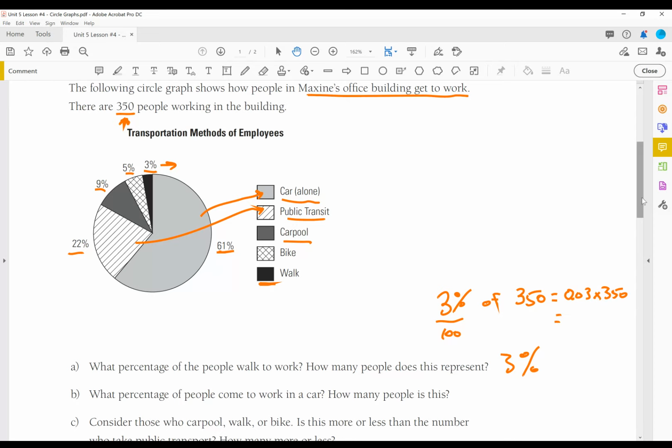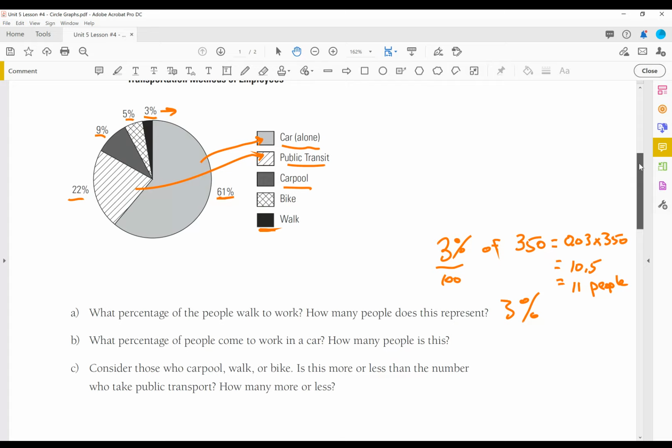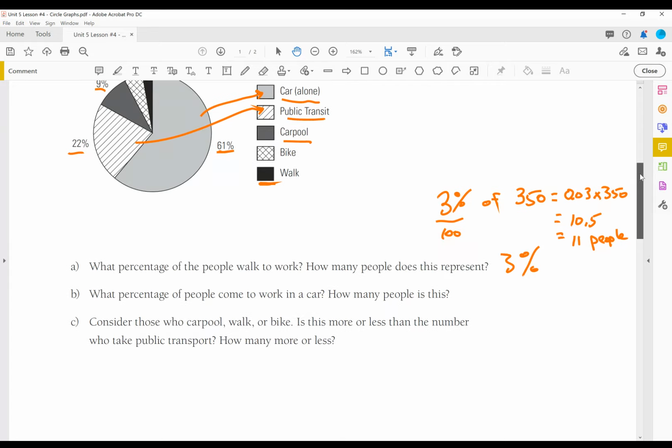So 0.03 times 350 gets us 10.5. Now, we can't have 0.5 of a person, and so we're going to round that up to 11 people. Okay, so 3% of 350 is 10.5, which rounds up to 11 people. So approximately 11 people walk to work.